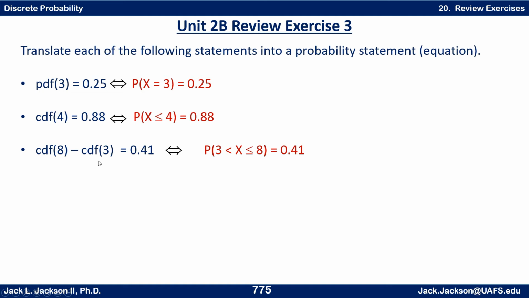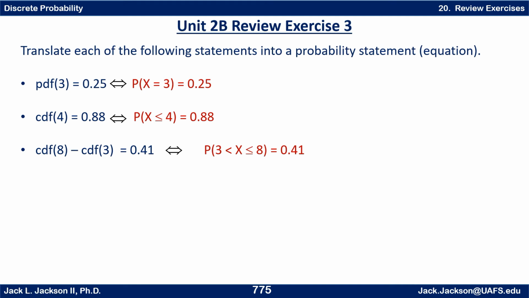Now a difference of two CDFs is a probability between things. Now we have to be a little careful here. CDF of 8 is the probability that x is less than or equal to 8. But at the same time, we want to subtract CDF of 3. That's the probability that x is less than or equal to 3 is subtracted. So what we really get is a probability that x is between 3 and 8, not including the 3, but including the 8.